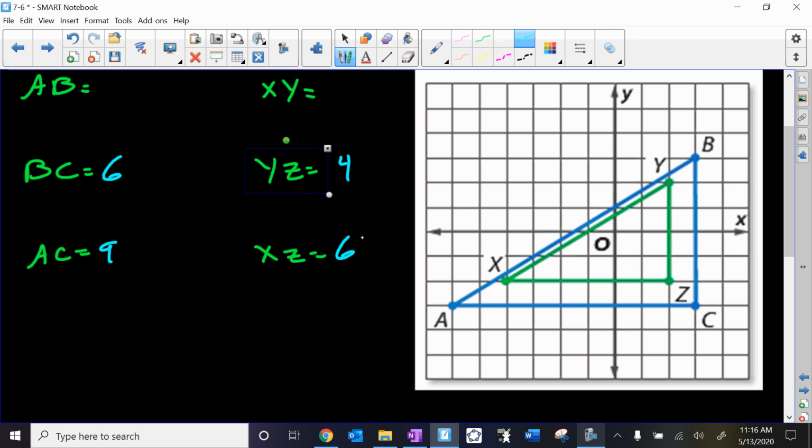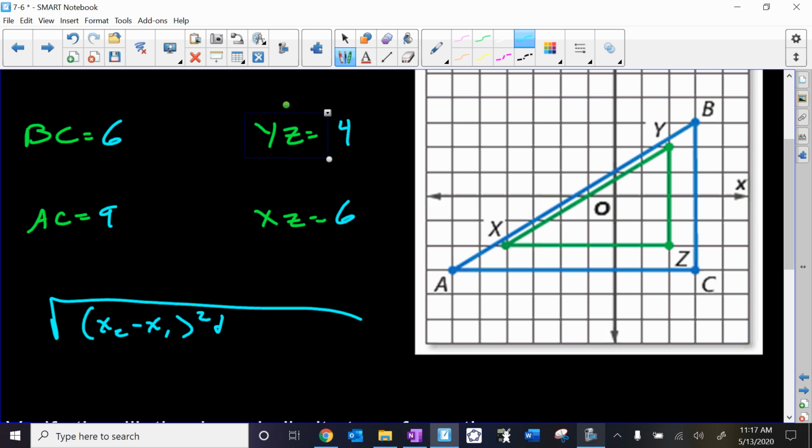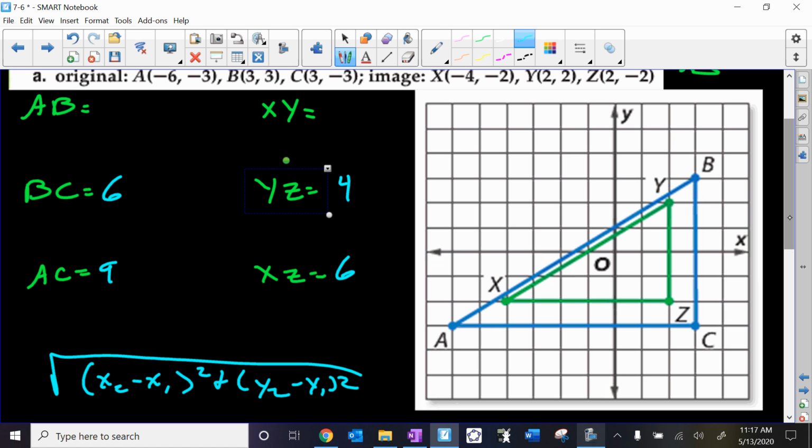We also need to find AB and XY. Those might be just a little bit more difficult because we can't just count those. In fact, in order to find those, we would need to use the distance formula to find those lengths. So I'm not going to do the distance formula.